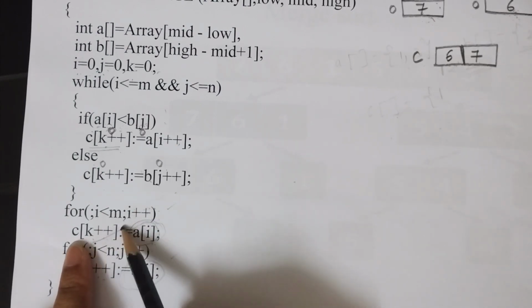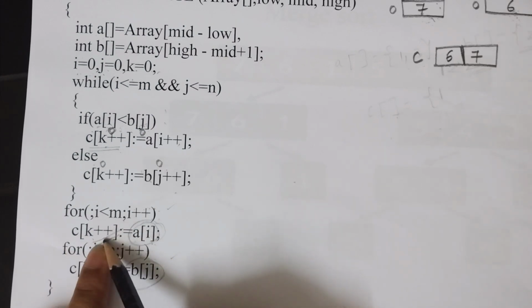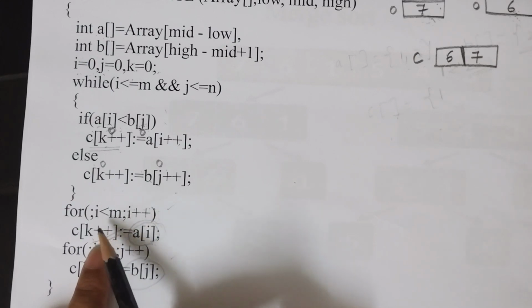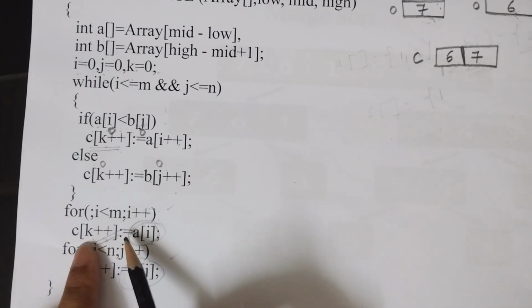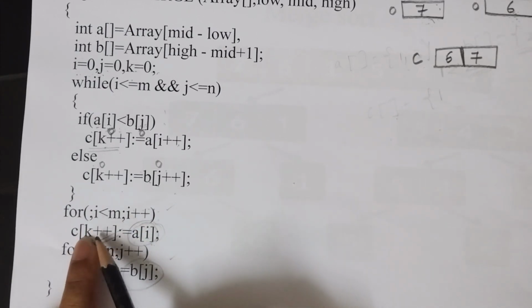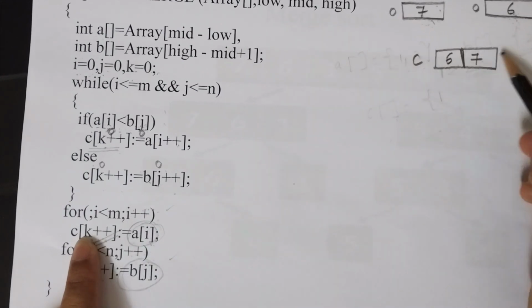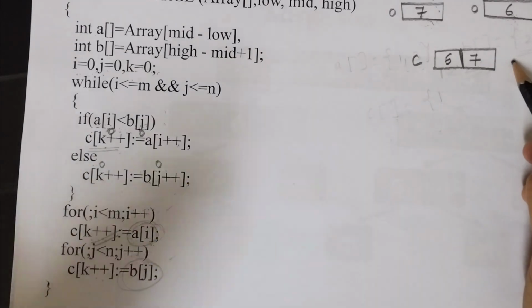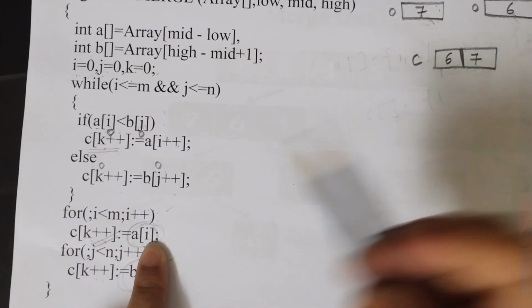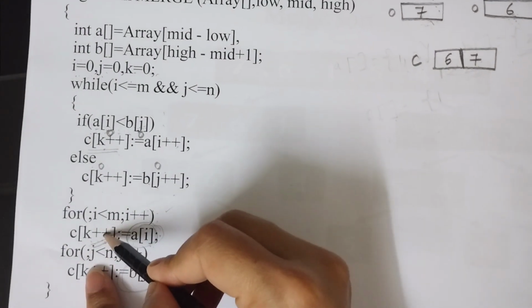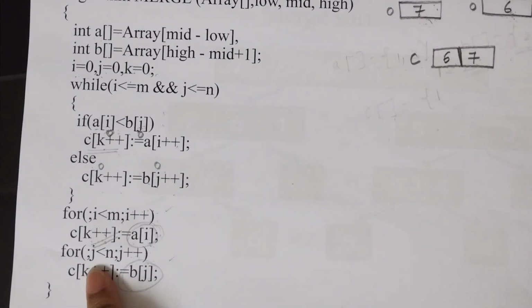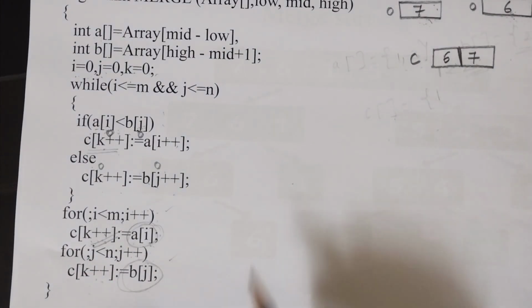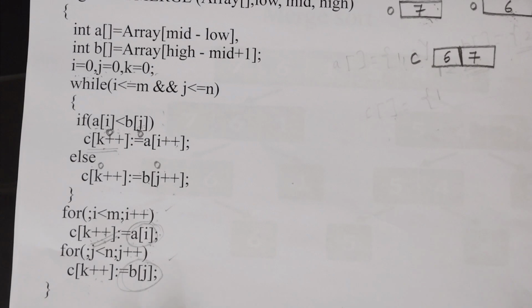And you can see every time after copying, the index value of k is getting incremented. One value is placed, again the index value gets incremented and moves to the next position. So if you have one more element in this array A, that will also be copied to the C array in the next position. This is how the merge happens in merge sort.